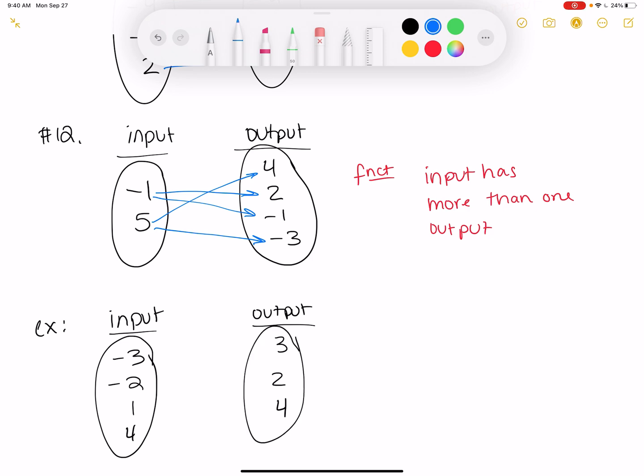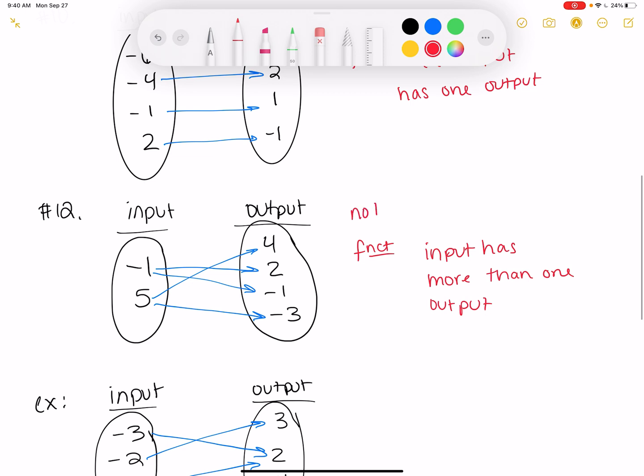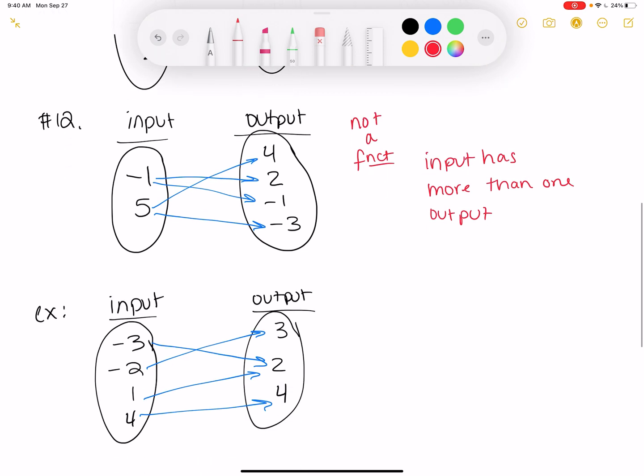So these matchups would be -3 to 2, -2 to 3, 1 to 2, and 4 to 4. Also, I don't know why I wrote function on the other one on 12. It's supposed to be not a function. I said it, I just somehow didn't write it.